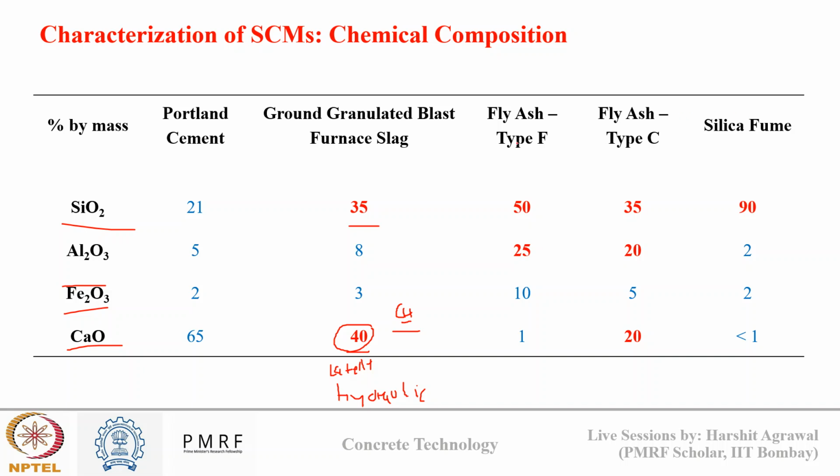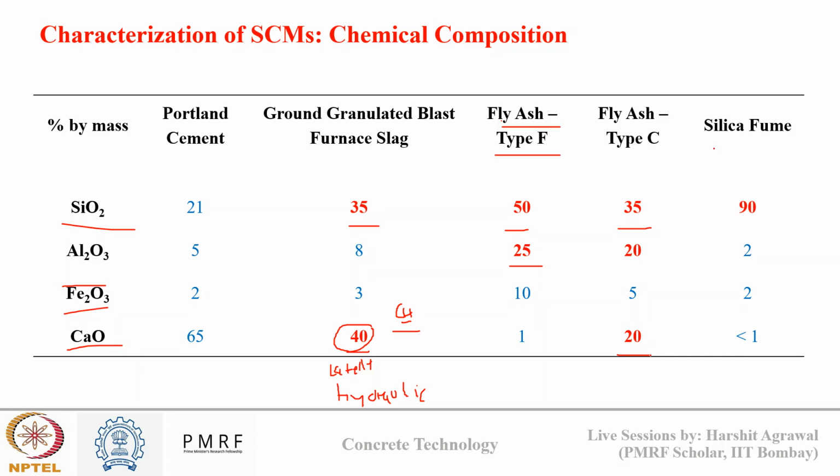Then we have class F fly ash, which has a higher proportion of silica and alumina, while class C fly ash has a lower proportion of silica compared to class F but a higher proportion of CaO, which gives class C fly ash self-cementitious behavior.